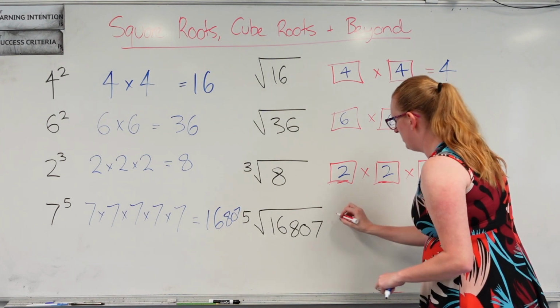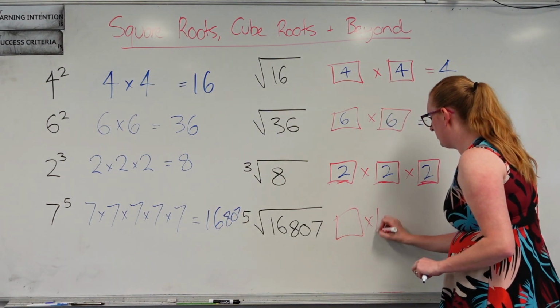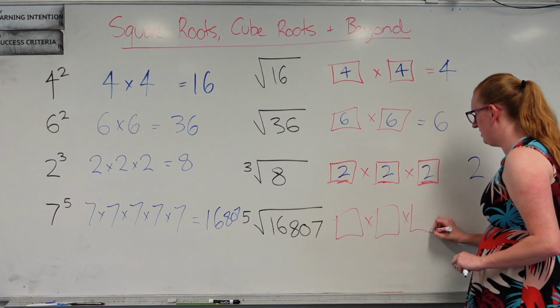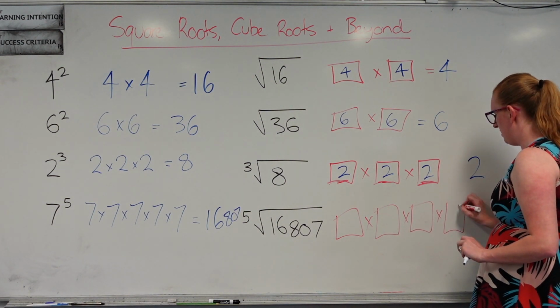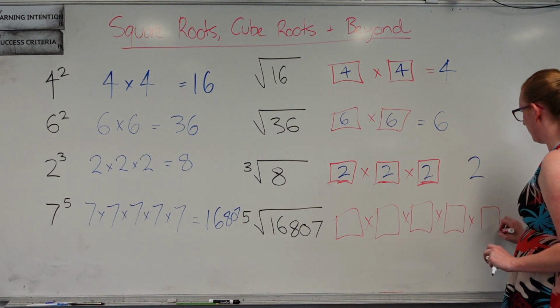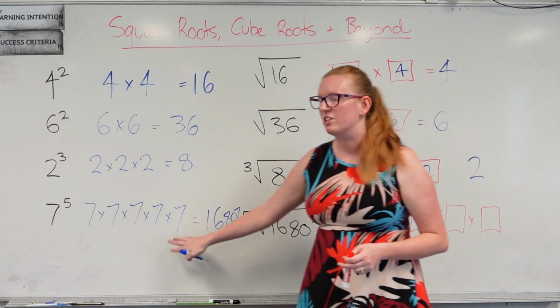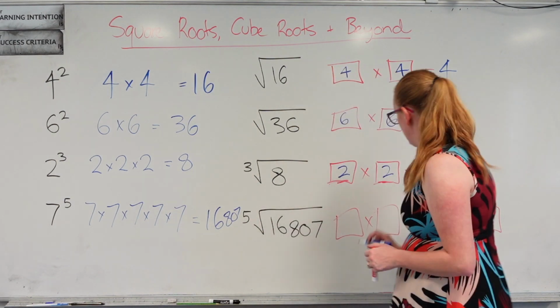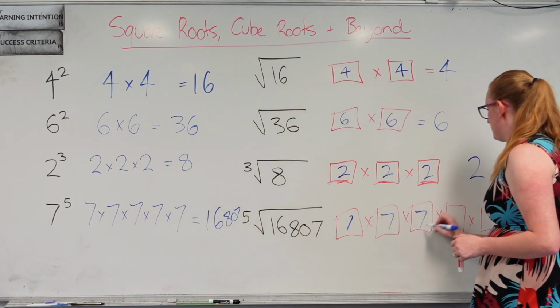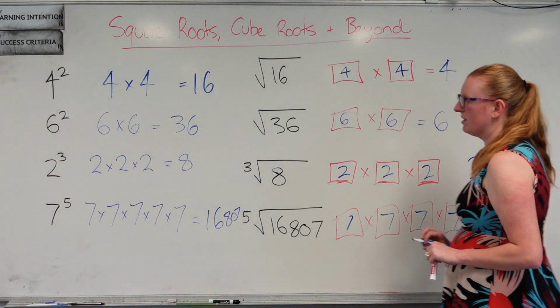So I'm looking for a number times itself, again times itself, again times itself, again times itself, gives me this number. Well, I know because I actually just did this question in reverse. So it'll be 7 times 7 times 7 times 7 times 7.